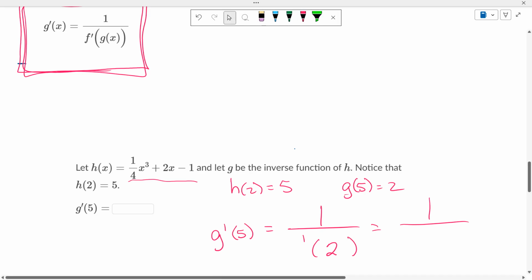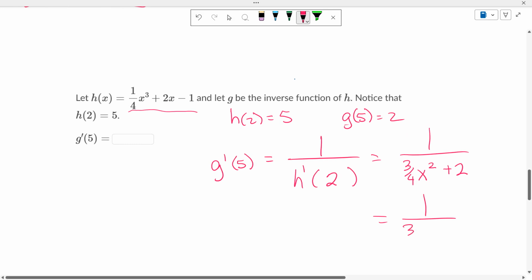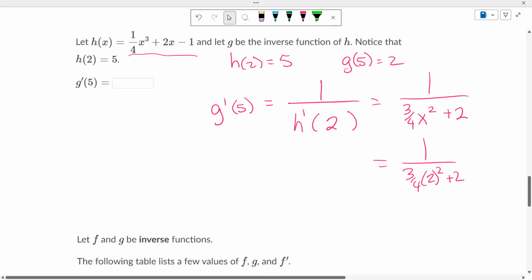This should be an h here. What's the first derivative of the h function? 3/4 x squared plus 2. So it equals 1 over 3/4 times 2 squared plus 2. 2 squared is 4, 3/4 of 4 is 3, so it's 1 over 3 plus 2, which is 1/5.